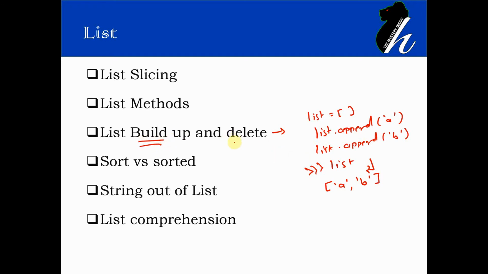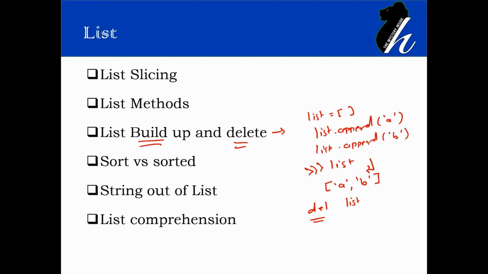And if you want to delete the list, then you can use the del keyword, like del and the name of the list. So it is going to delete the entire list. The delete operator can be used to remove the definition from local scope. You can also use the index value to delete a specific element.